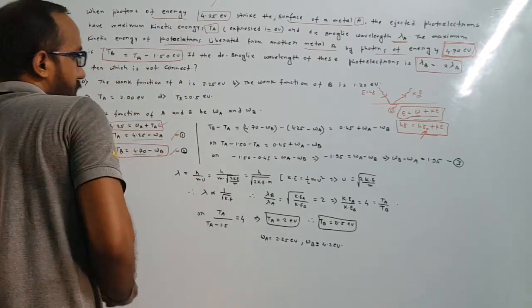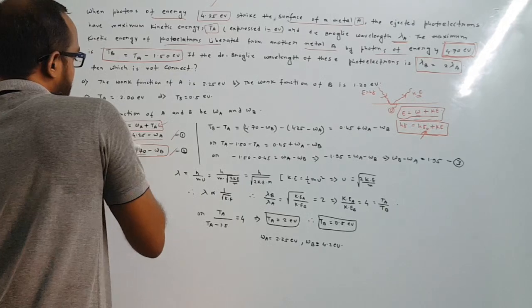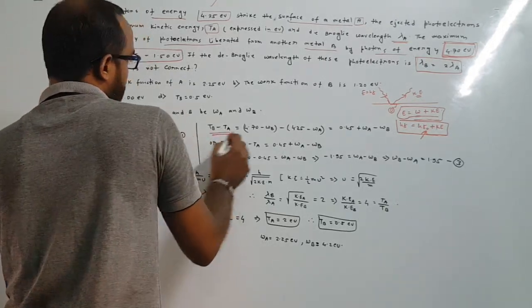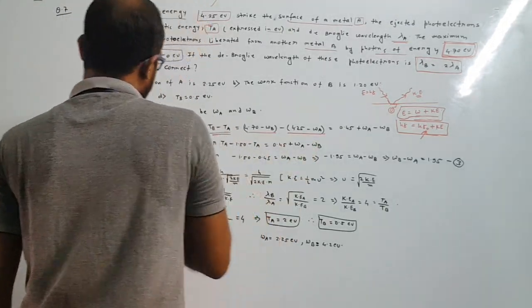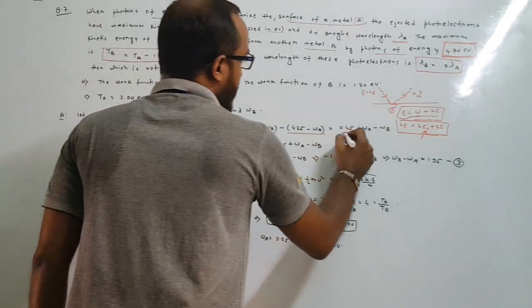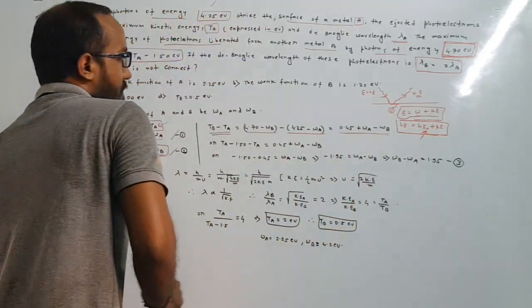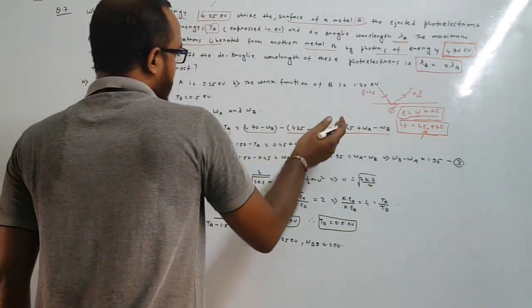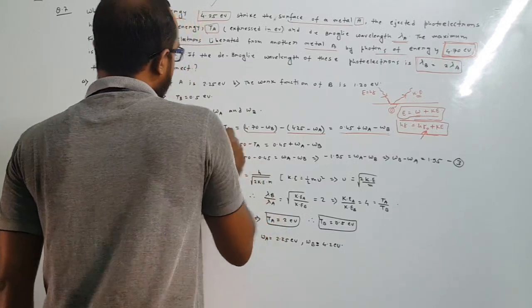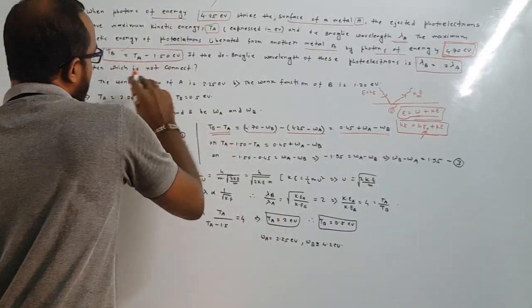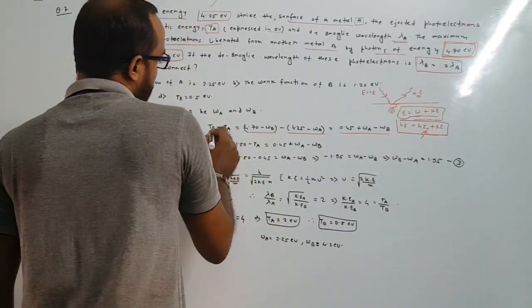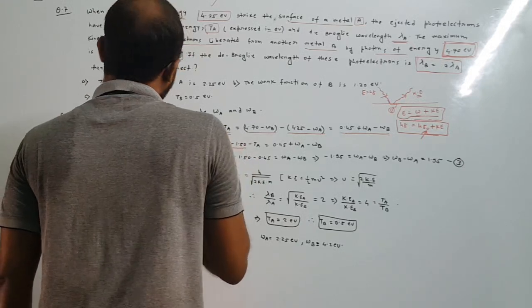Here we got two relations. Now subtract TB minus TA. TB is given as this, TA is this. After simplification you will get 0.45 plus WA minus WB. Now take everything to one side. Here one relation is given, TB equals TA minus 1.50. So TB minus TA equals minus 1.50.